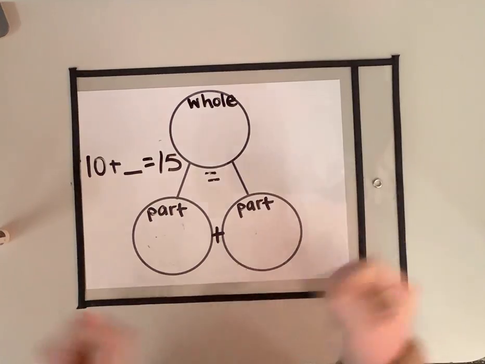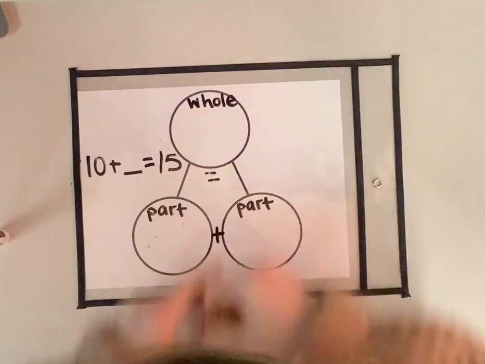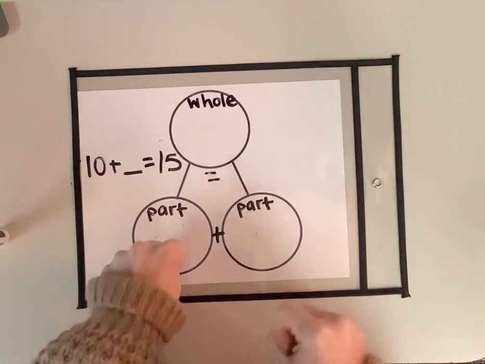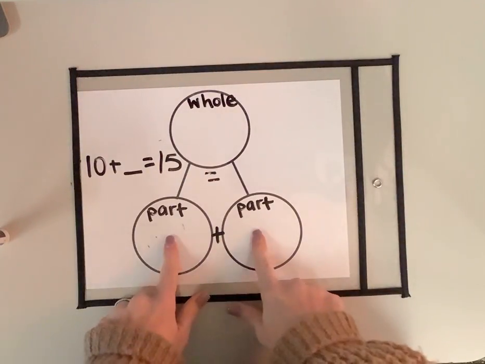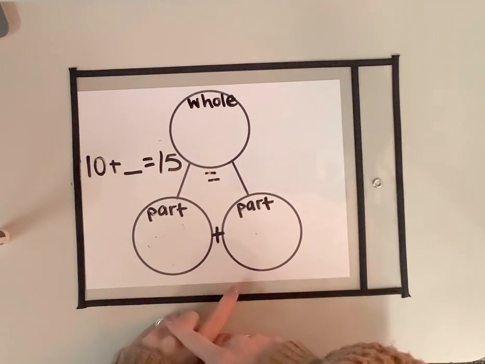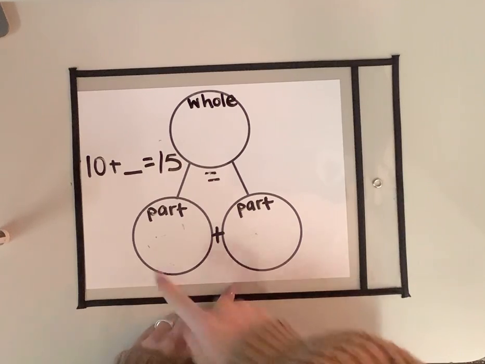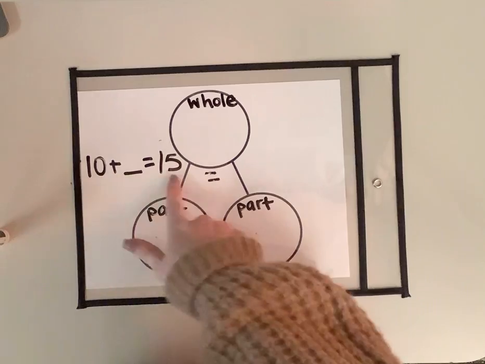Ready? Hands up. Part, part, whole. One more time. Part, part, whole. Okay, we're adding our two parts together and it equals our whole or our biggest amount. So can you tell me what my biggest amount is? What is my whole in my problem? It's either going to be 10 or 15.